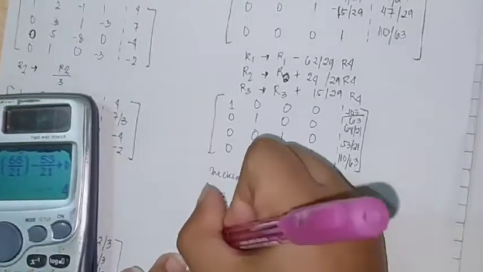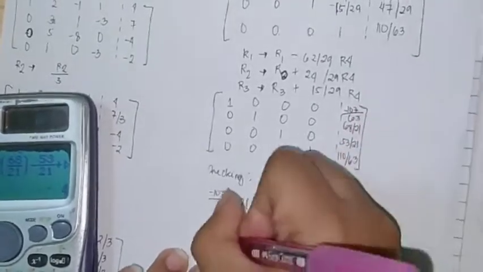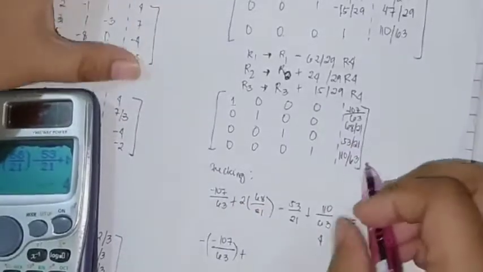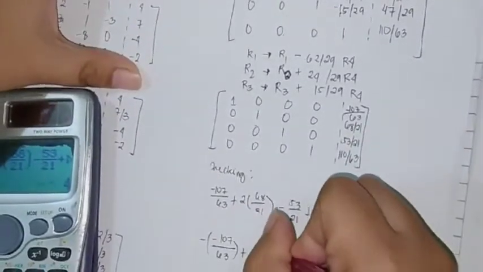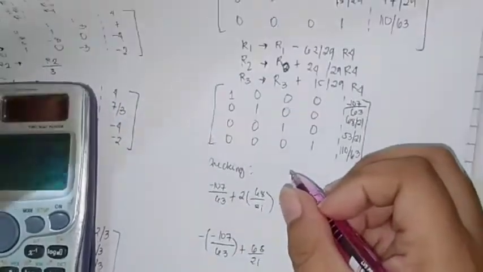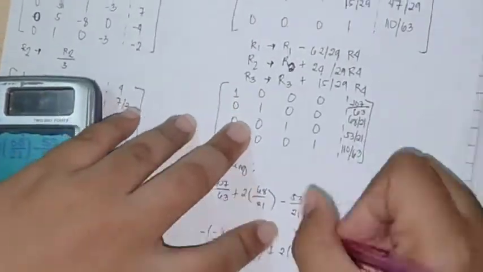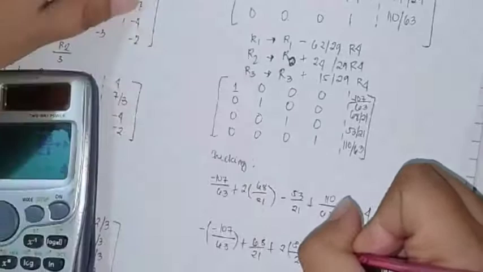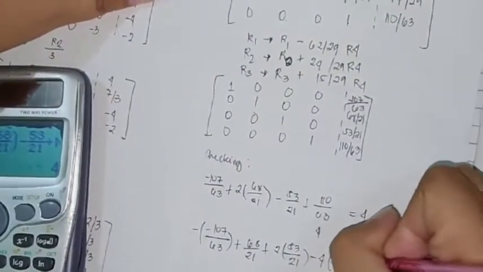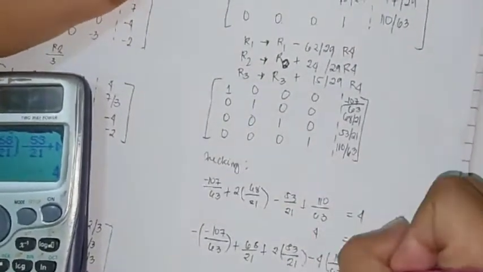So for the second equation, we have negative w, negative 107 over 63, plus x, which is 68 over 21, plus 2y, which is 53 over 21, and minus 4z, which is 110 over 63, equals 3.